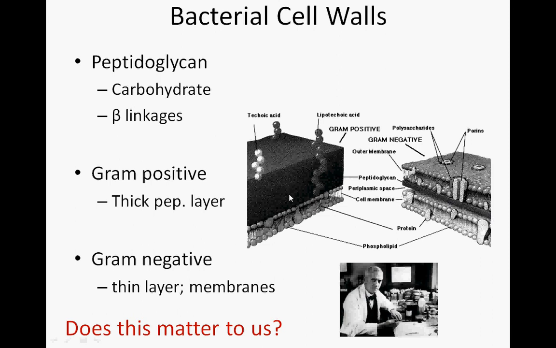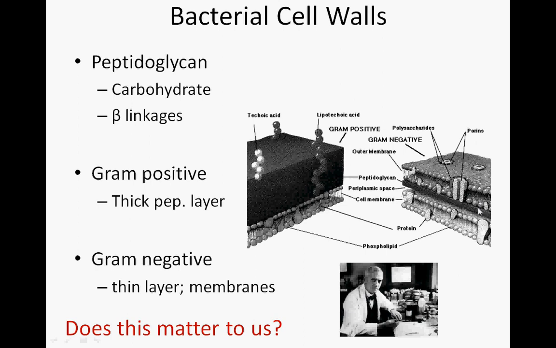Is it easier to chop this or this? I actually have people discuss this and then tell me what they think the answer is. So you can think about that for a moment and pause the video if you like, but the actual answer is it's much easier for penicillin to chop this up than this, even though it's much, much thicker. The reason for that is that in this case it has to get through a membrane in order to attack this, whereas here this is just out for the taking.